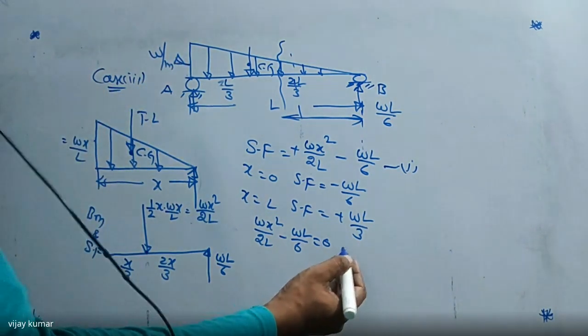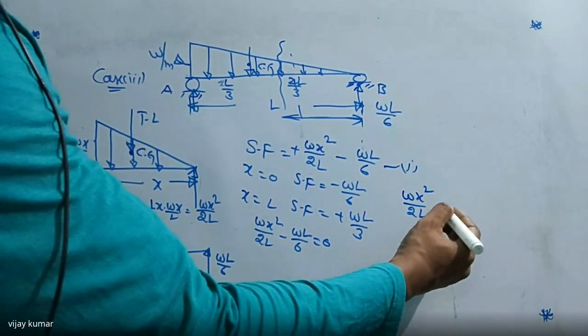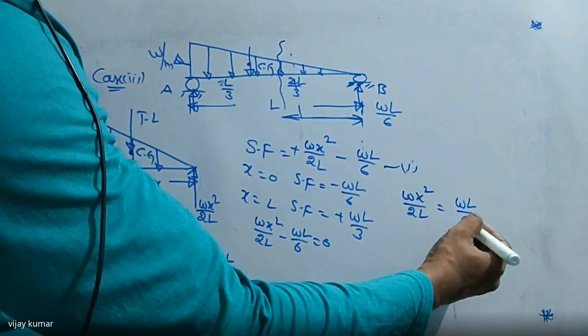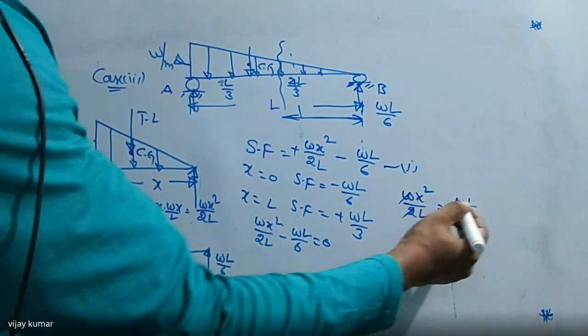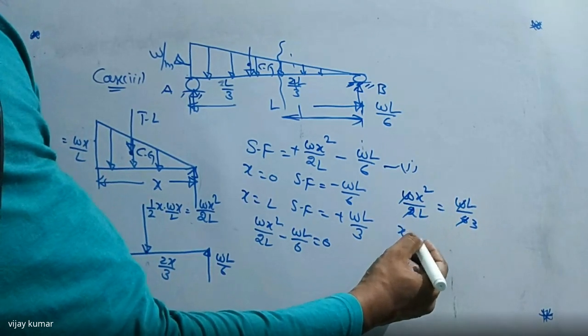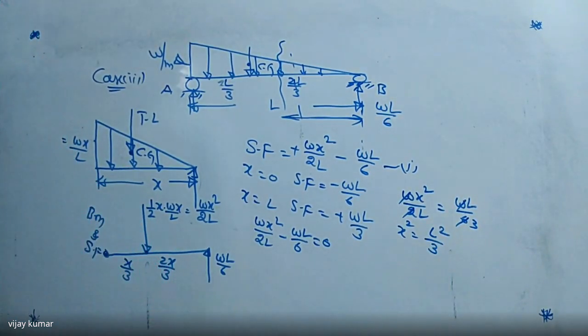So Wx squared divided by 2L is equal to WL by 6, and this 3 times is cancelled. This is L into L.